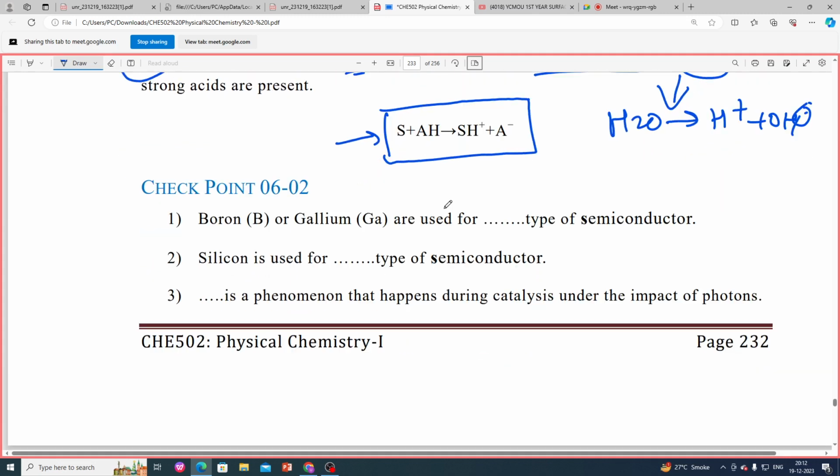Next one, checkpoint: boron, B and gallium are used for the dot type of semiconductor. बोलो. टाइप कौन से टाइप में आएगा ये? P टाइप, N टाइप बोलो.